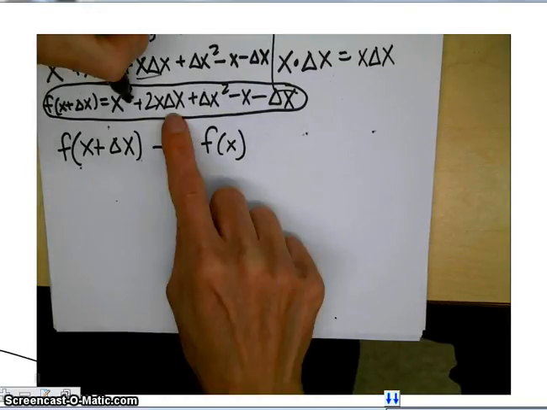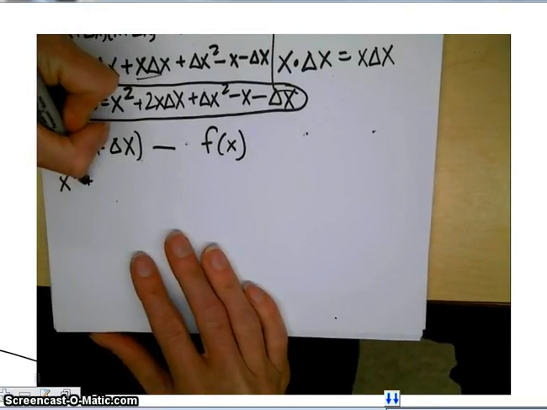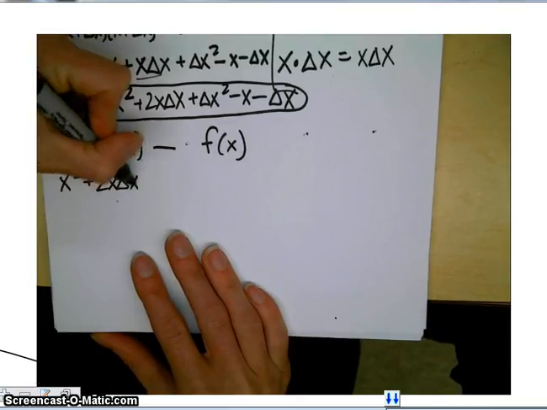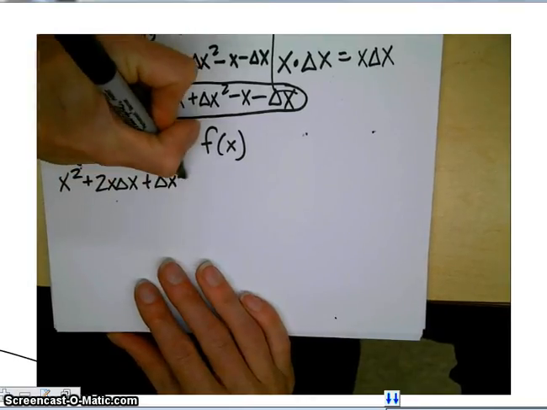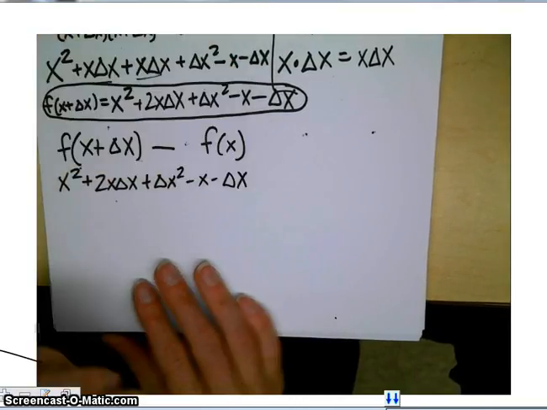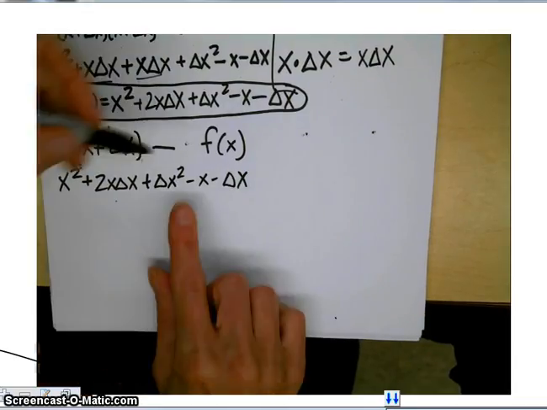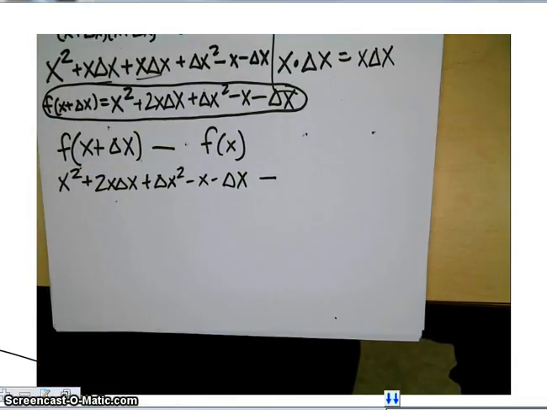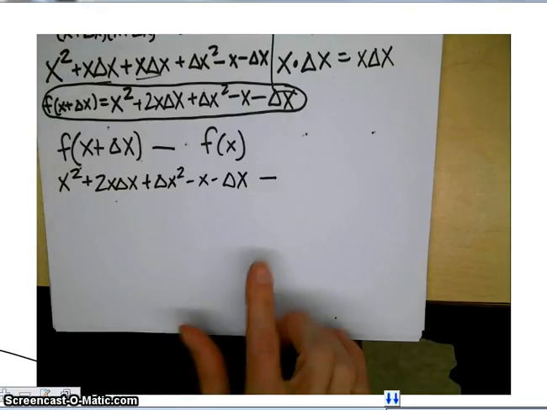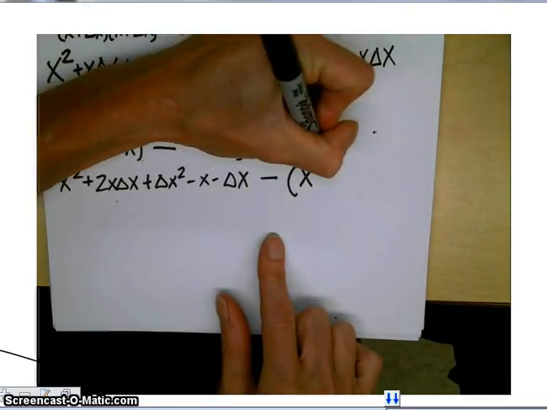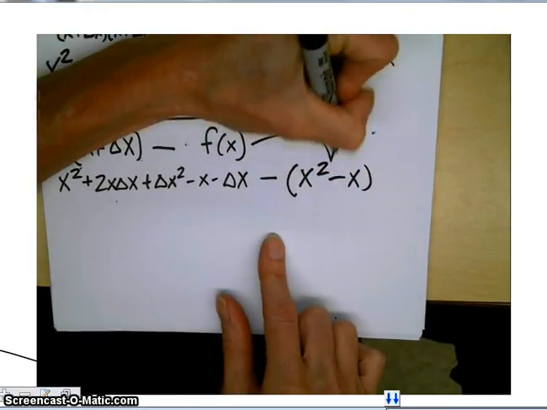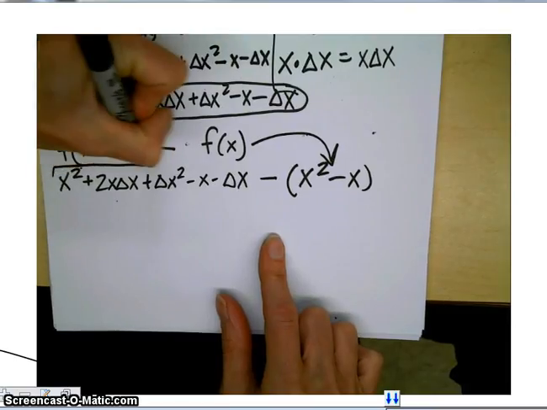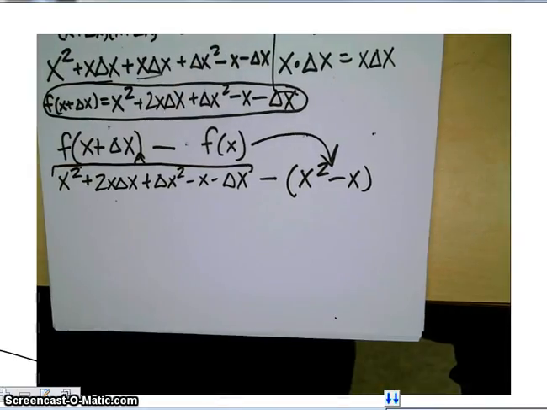So I've got my f of x plus delta x. Now I'm going to subtract from it the f of x. So what's f of x? I'm going to subtract my original function, which is x squared minus x. That big mess is my f of x plus delta x.